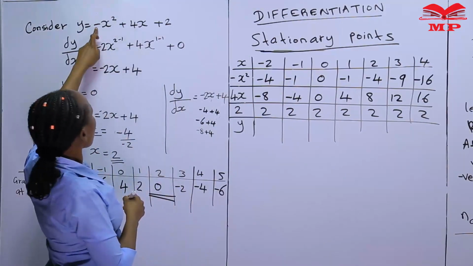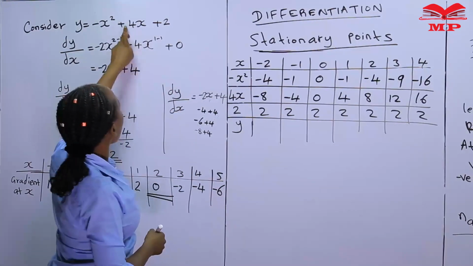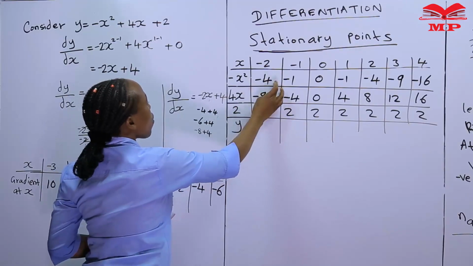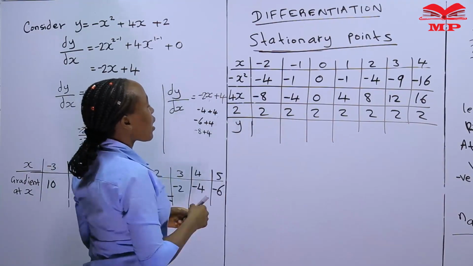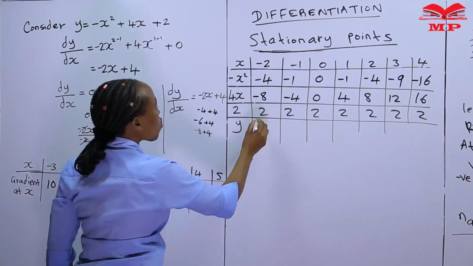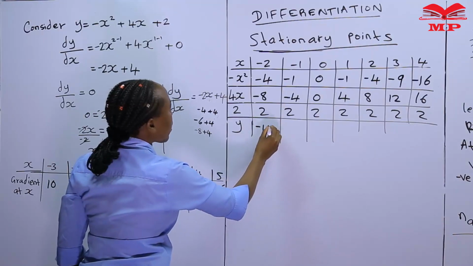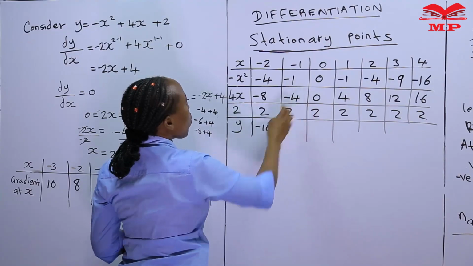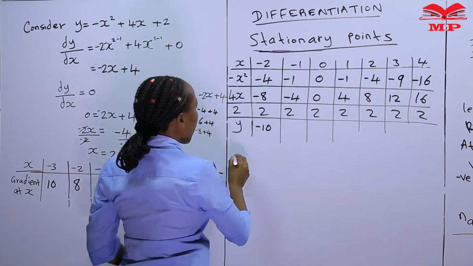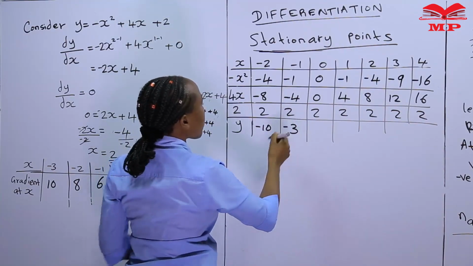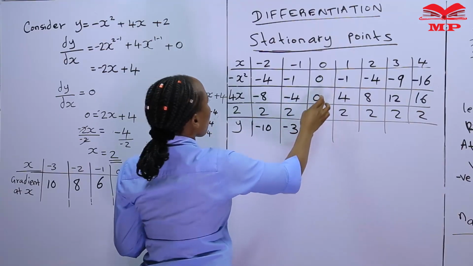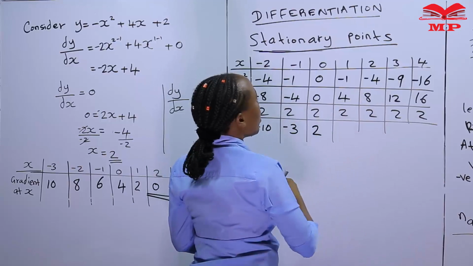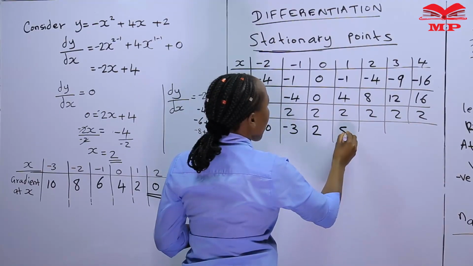Finally, we are adding 2 all through. So our equation, we have this plus 2. So we have -4 plus -8, that is -12 plus 2, we have -10. -1 plus -4, we have -5. -5 plus 2, we have -3. 0 plus 0 plus 2, we have 2. -1 plus 4, that is 3. 3 plus 2, 5.